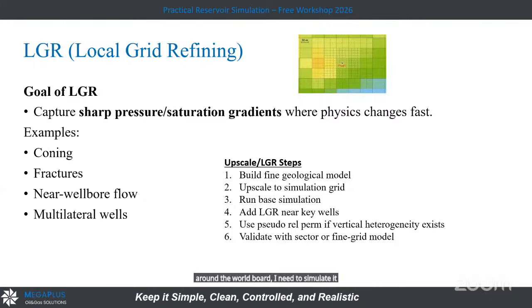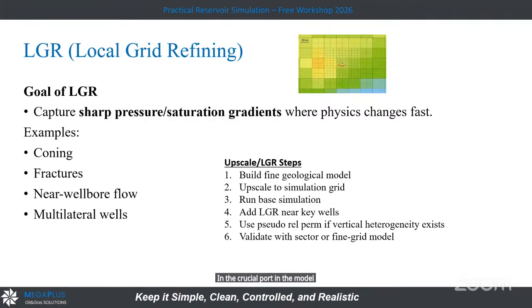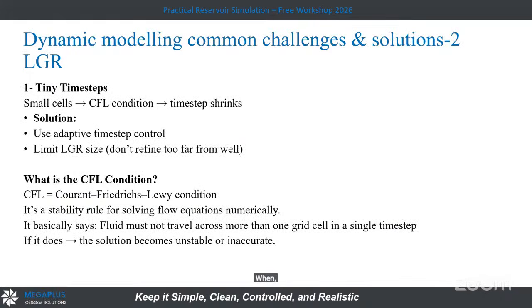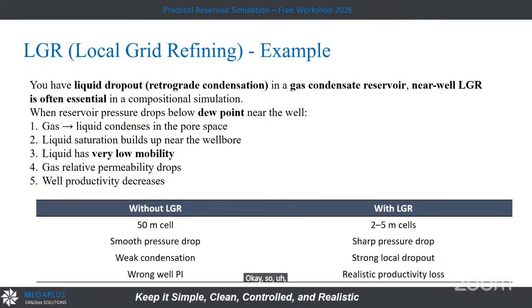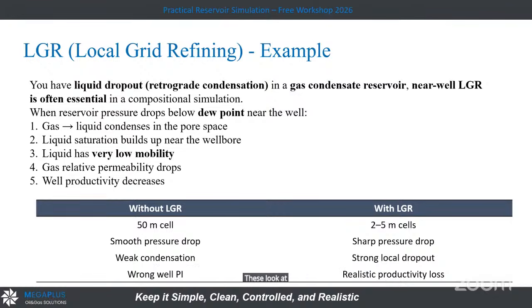So in that case, I will upscale the model, but in the crucial part of the model, I will refine these grids. Okay, so here is the example of the gas condensate. If I have liquid dropout or gas condensate, all I have to do is make this local grid refining around the wellbore, so I can mimic the behavior of the fluid.